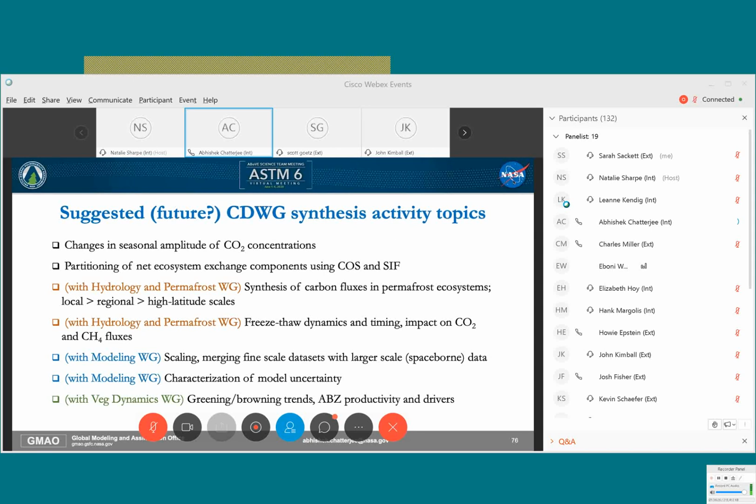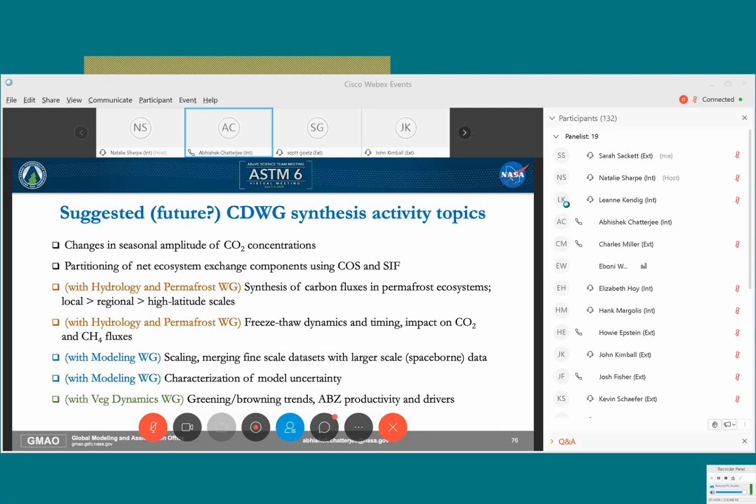I put future with a question mark here because I'm hoping that we can turn this around into some type of synthesis topic, especially since some of these are already underway as part of individual projects. For example, the seasonal amplitude of CO2 concentration is something that Gretchen and Brendan and those people have talked about a lot. Then partitioning of net ecosystem exchange, again, Lei mentioned this in detail on day 1.